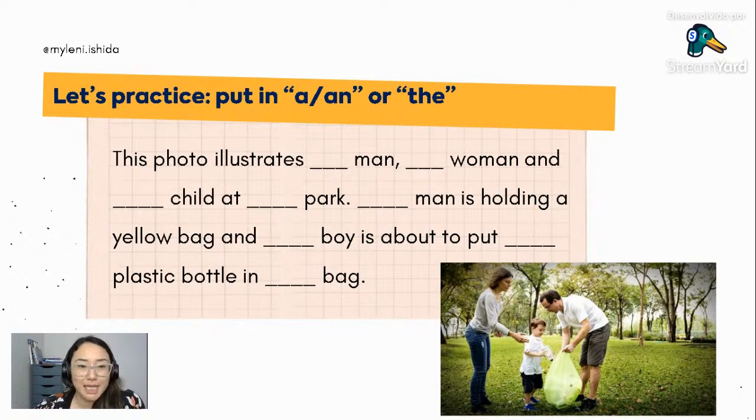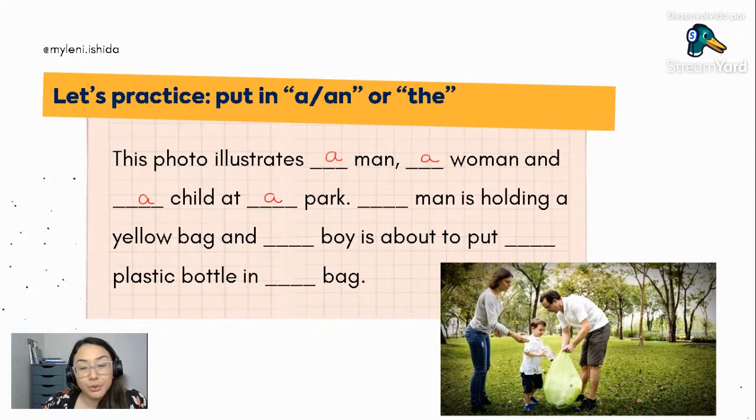We're going to say like this. This photo illustrates a man, a woman, and a child at a park. So when I say a man, a woman, and a child at a park, it's the first time that I'm talking about the man, the woman, and the child in the park. Okay?